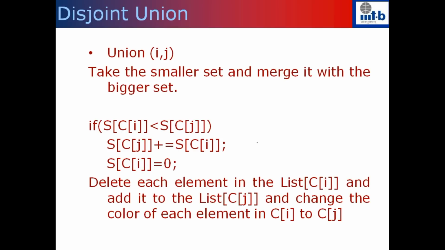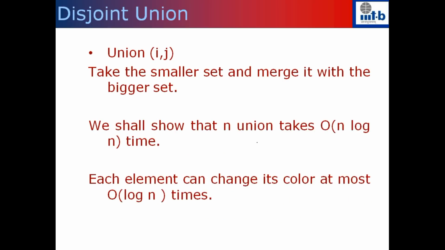If I can keep track of how many times each element undergoes color changes, then n times that number will be the total complexity of the union operation. So we are going to show that each element can change color at most log n times.